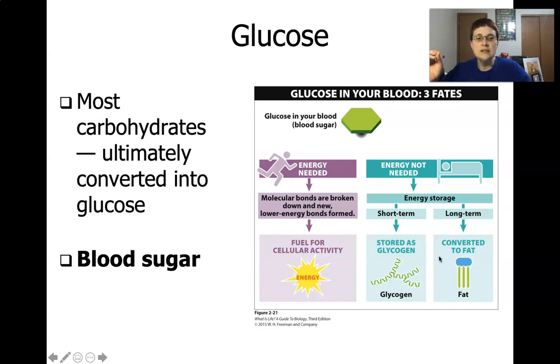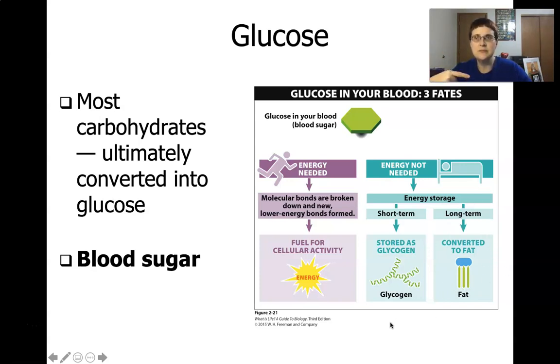This is a molecule that's difficult for us to use up, because our bodies are built to store it for when we have problems getting food. These are the ones we'd rather have happen, but because of our lifestyles today, some of our energy, probably more than we like, gets converted into this last one.